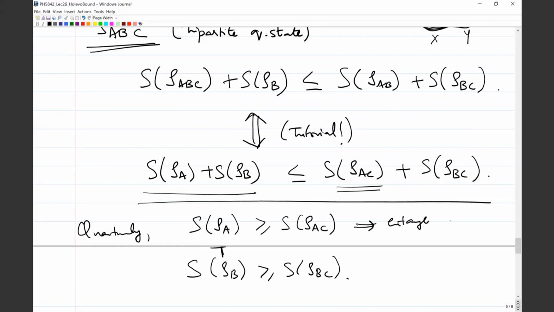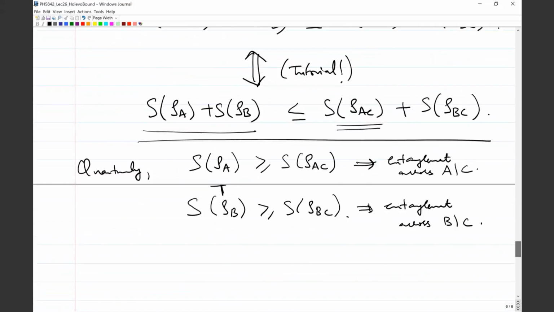What it means is that this, for example, would be a signature that there is some entanglement across AC, and this would be a signature that there is some entanglement across BC. So think of this tripartite situation: I have A, B, C, and they can all be entangled with each other.